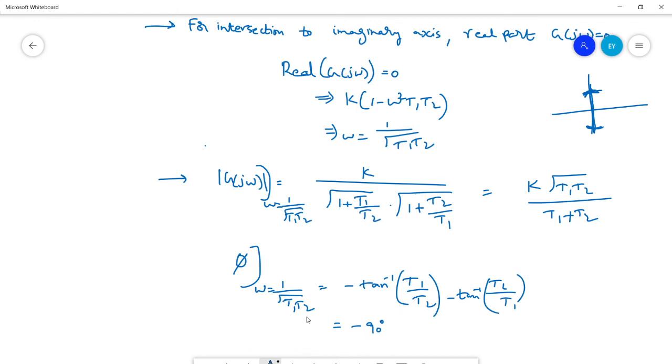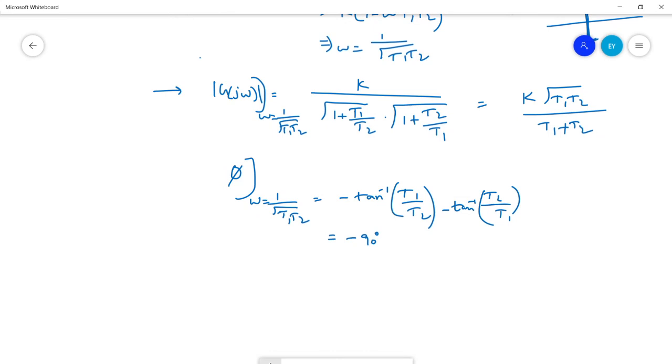Okay, minus 90. So this is how we can compute magnitude and phase for the polar plot intersecting the imaginary axis.